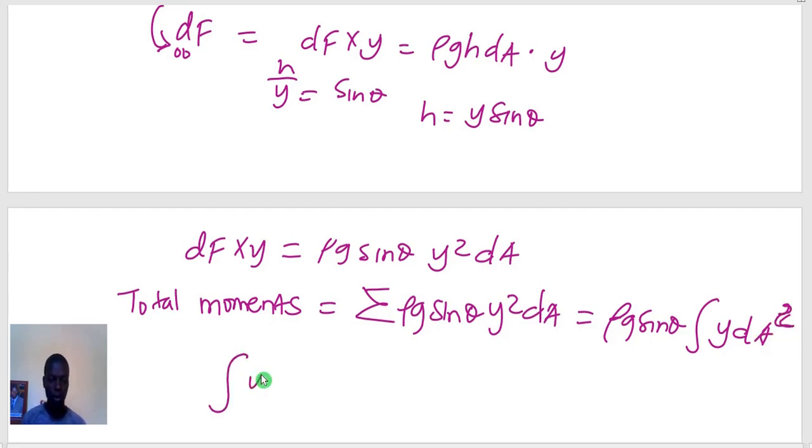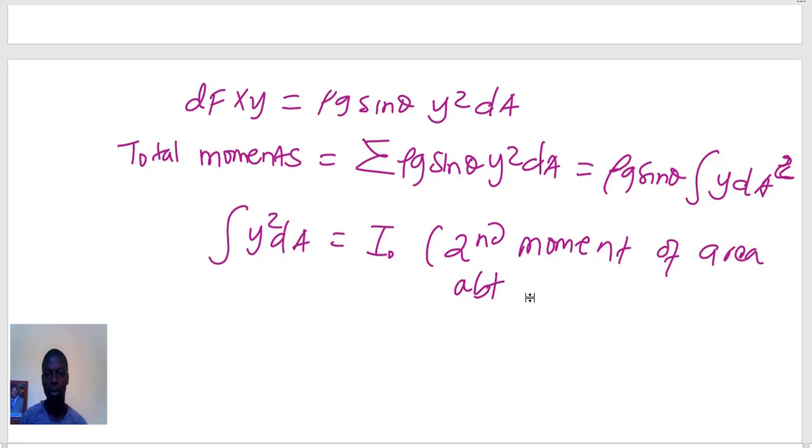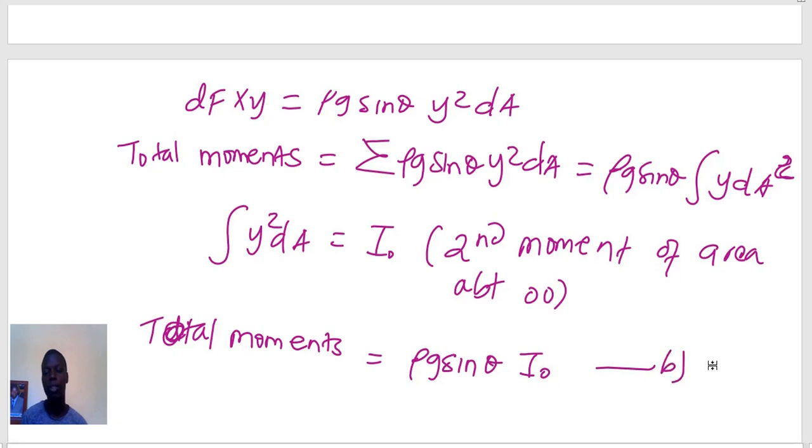This integral of y squared dA is equal to I naught, which is the second moment of area about OO. So the sum of moments of these several forces, that is the total moments, equals rho g sine theta times I naught. Let us call this equation B.